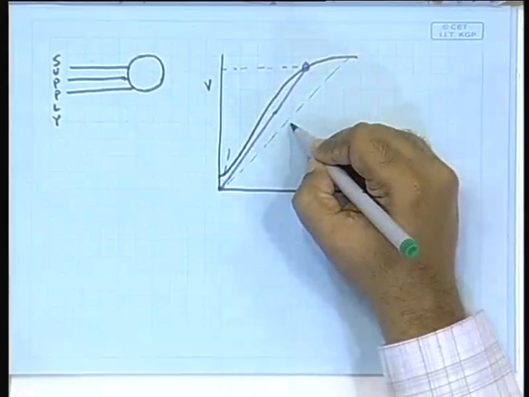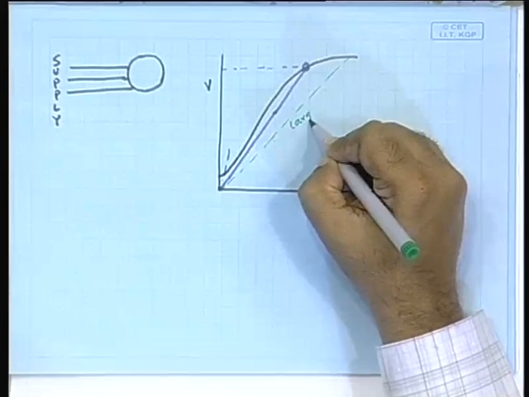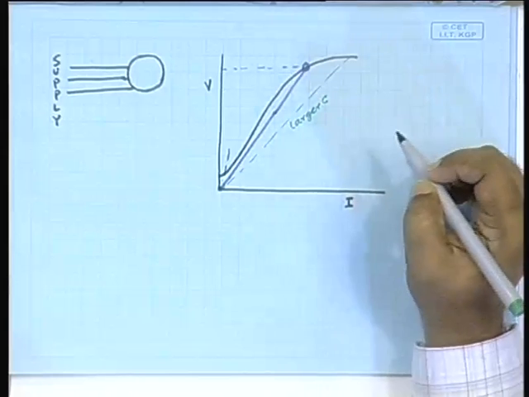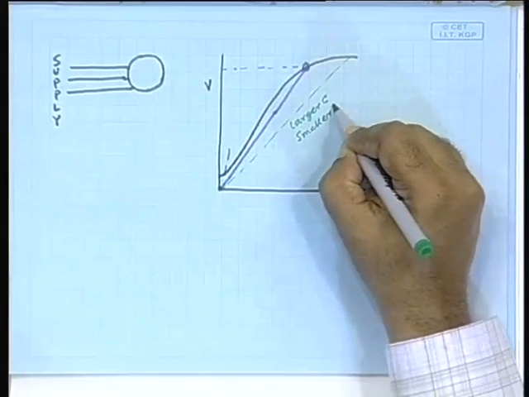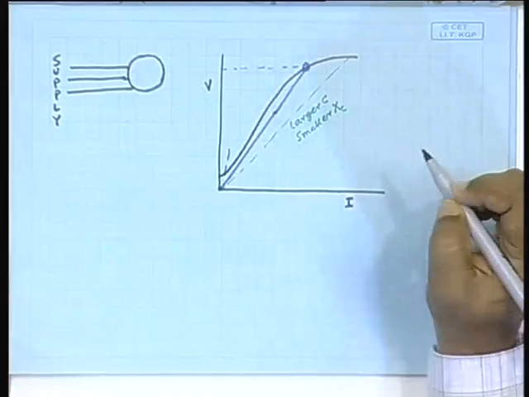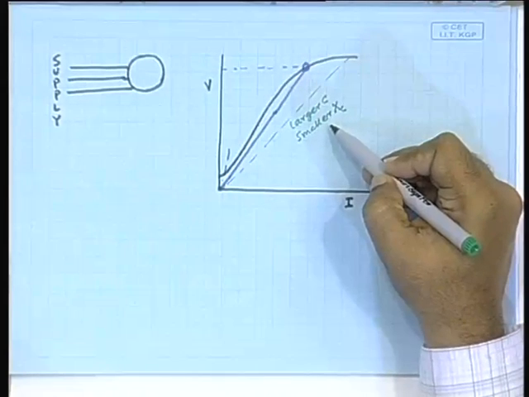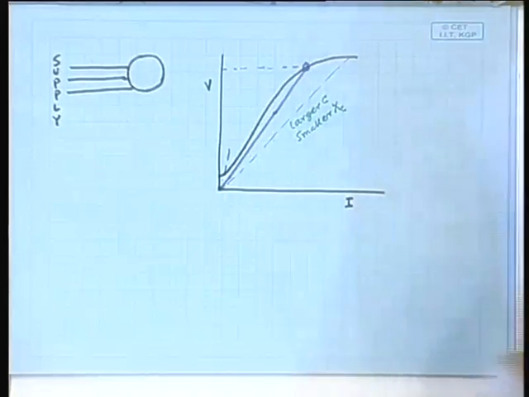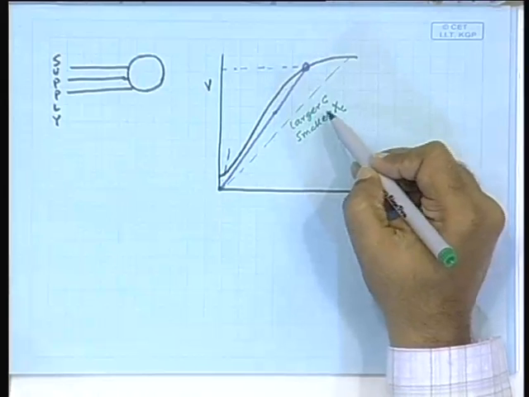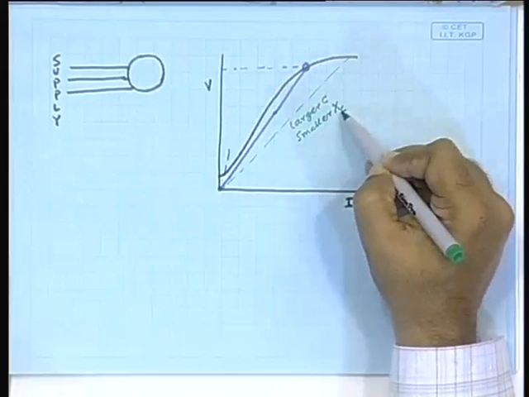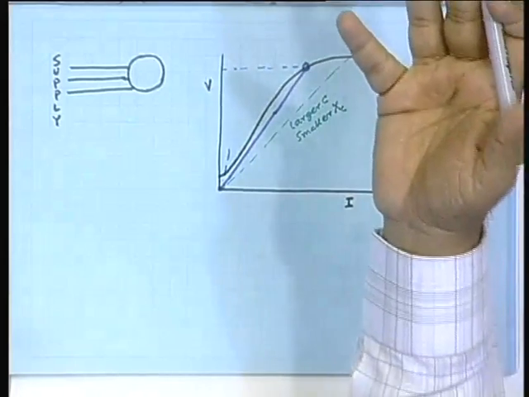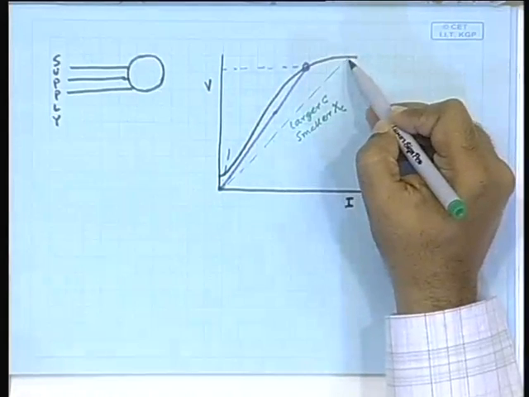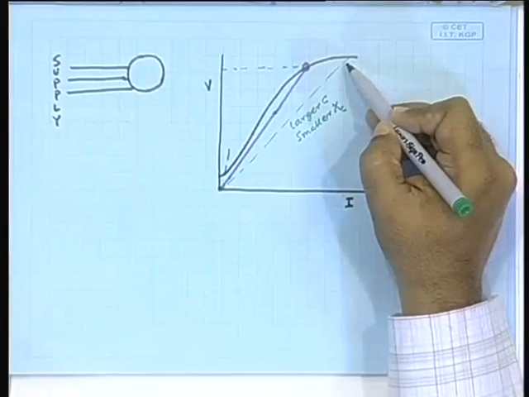So, for the larger capacitance, or smaller Xc, the capacitive impedance, that is 1 by j omega c. So, the larger the c, the smaller the Xc, then it will be here. So, which means that for a larger value of capacitance, it will self excite to a larger voltage.